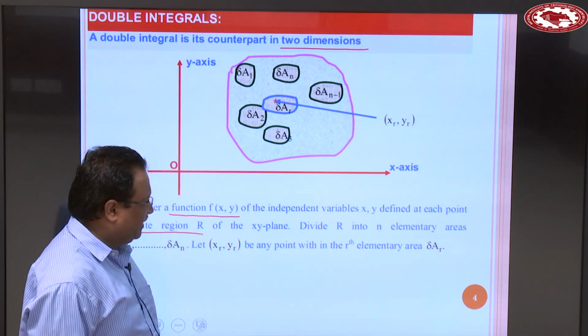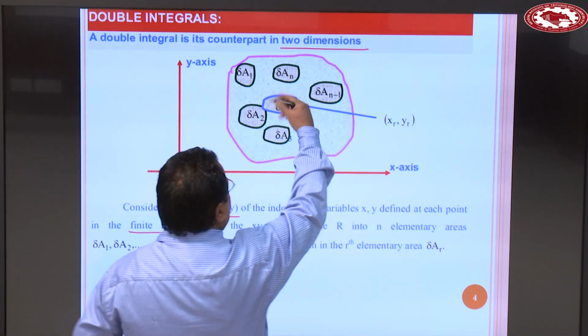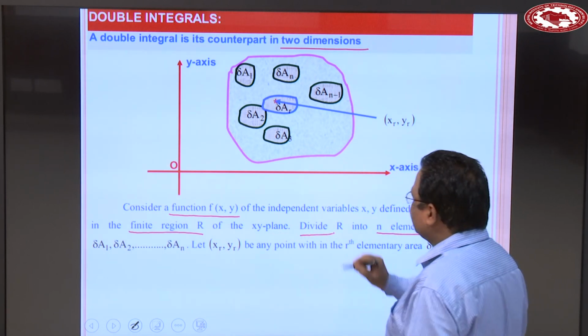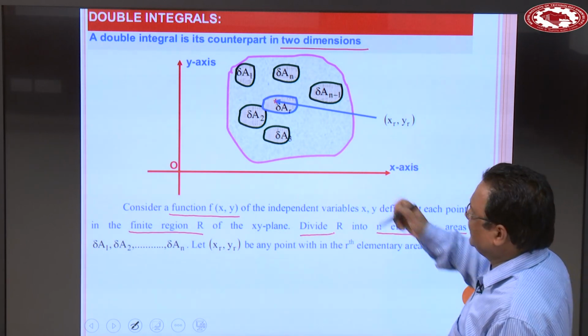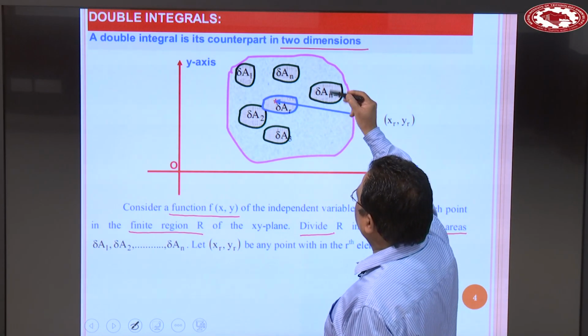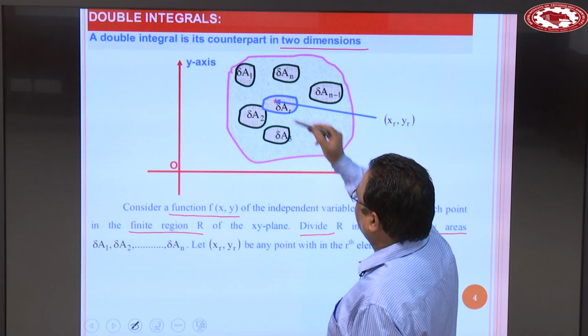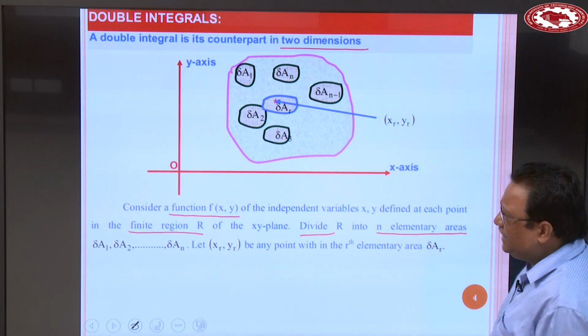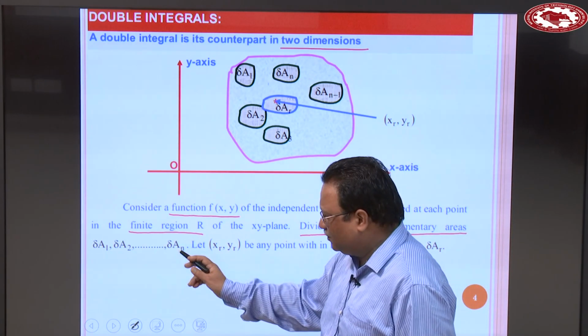of the xy plane. Now divide this R, divide this region R into n elementary areas. So divide this region R into n elementary areas like this: delta A1, delta A2, delta A3, and so on, delta An-1, delta An, delta AR. Okay, so we divide this R into n elementary areas, delta A1, delta A2, and so on, delta An.